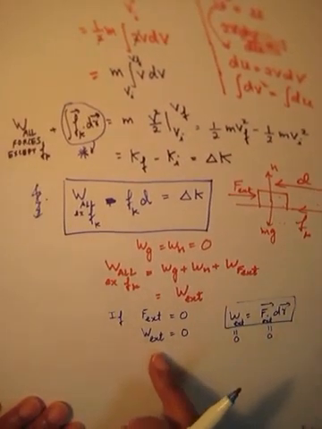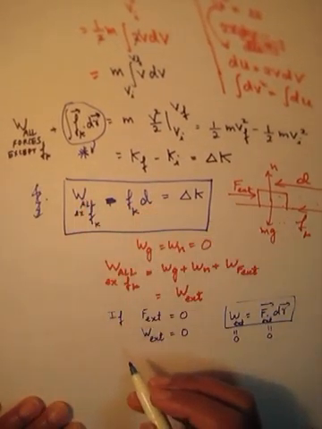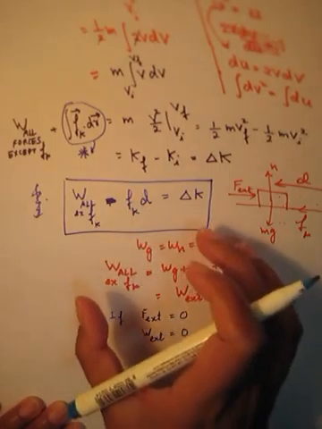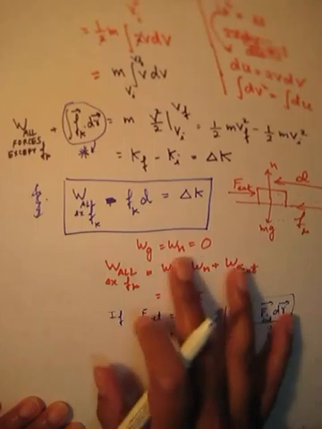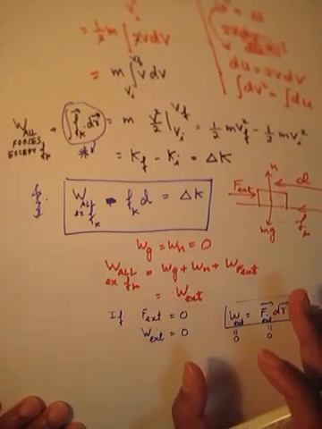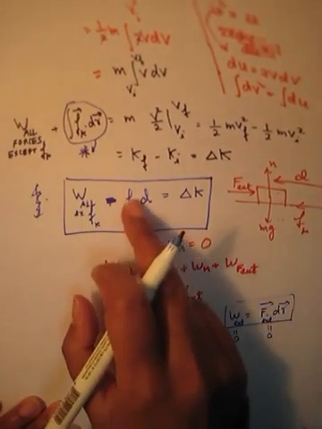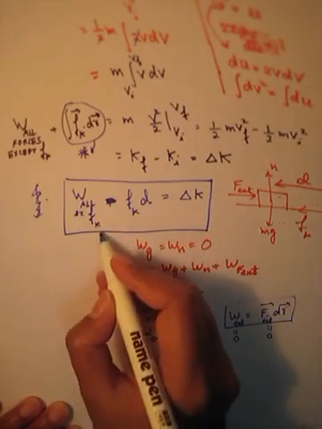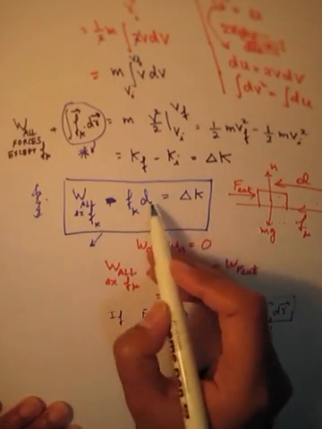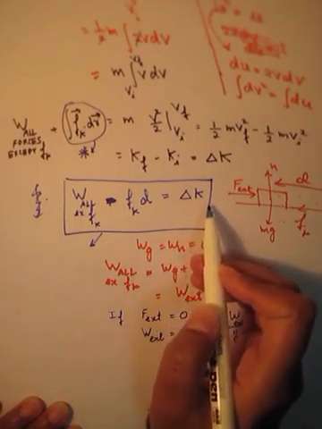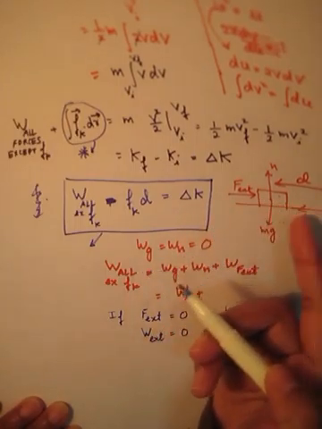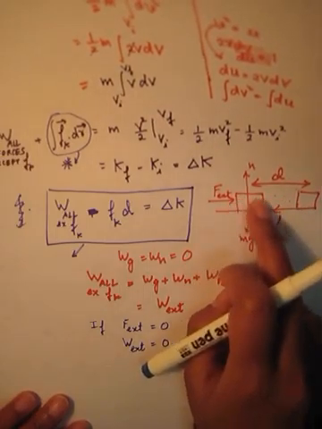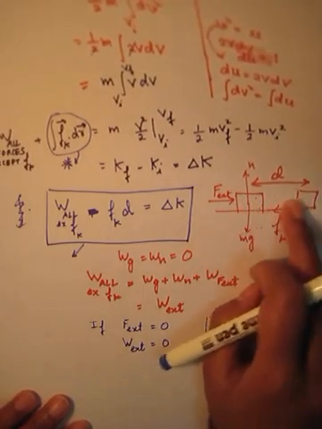Then in this equation, before going into this, I should have told you something related to this equation. In this equation, you see that we have change in kinetic energy, because there is no change in potential energy. The object is moving at the same height from one point to the other, and the height is not changing.